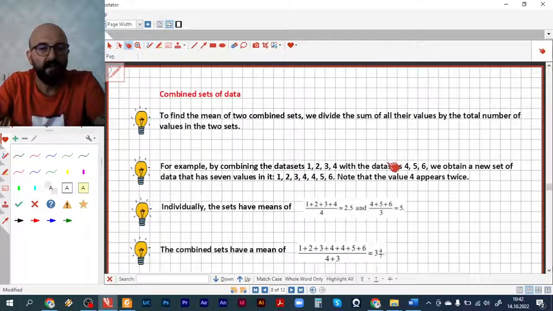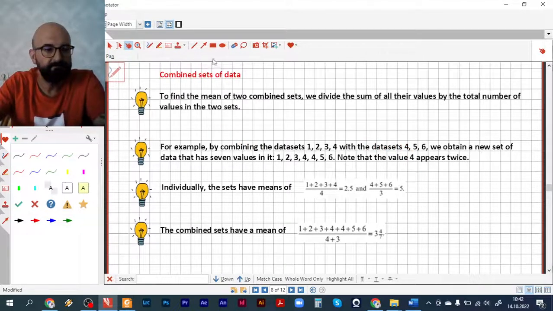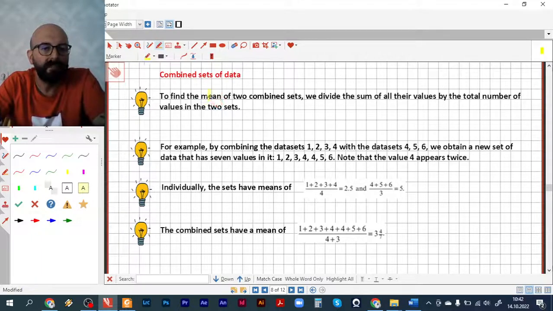Okay, now the other section is combined sets of data. To find the mean of two combined sets, we divide the sum of all their values by the total number of values in the two sets.